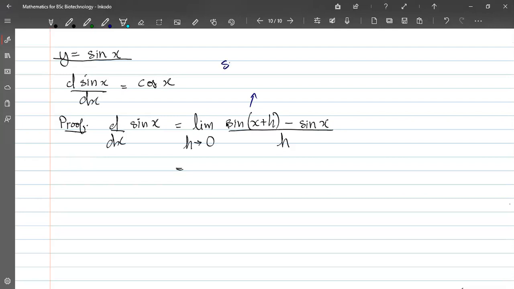So remember, what is sin of a plus b? Sin a cos b plus cos a sin b.